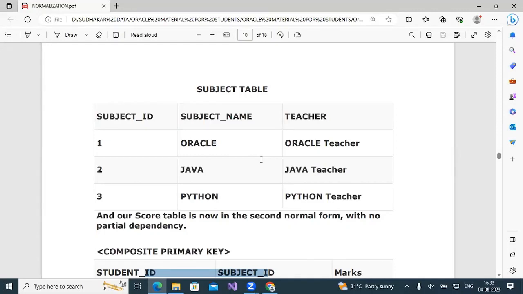In real time, database people check this rule too: first the 4 conditions of the first rule are checked, and after that they check whether any partial dependencies are there or not. If there are, they decompose. If not, it is not going to be decomposed. So this is what the second technique tells us.